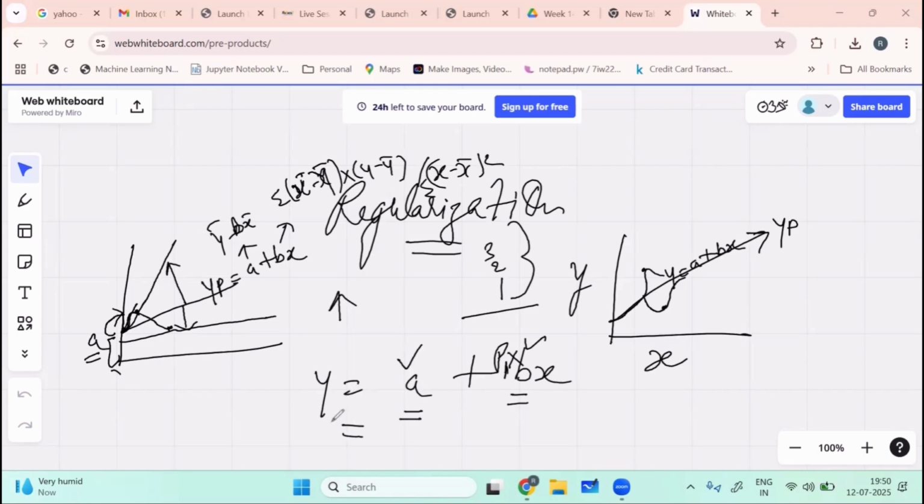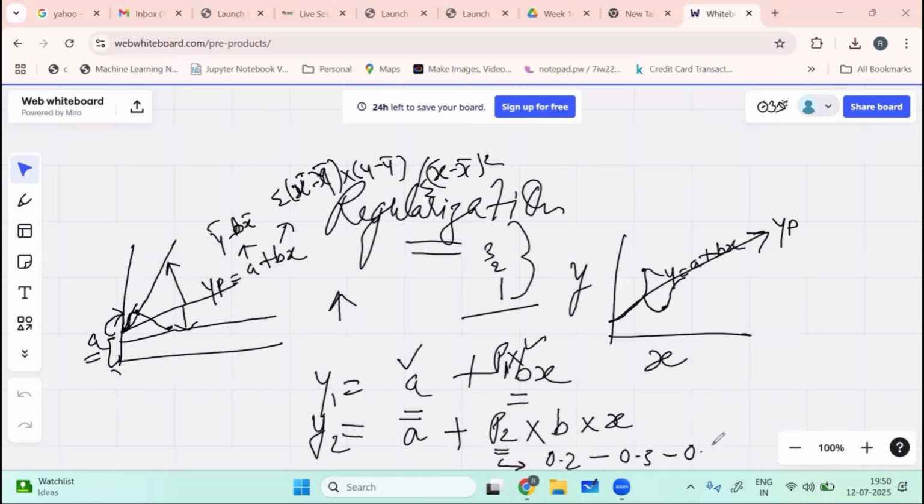The next equation, I can implement penalty 2 with respect to b, multiplied with x, but this time penalty 2 is in decimals: 0.2, 0.3, 0.001, like that. So this particular b portion is decreasing. Am I clear? Please confirm this. There are only these possibilities.